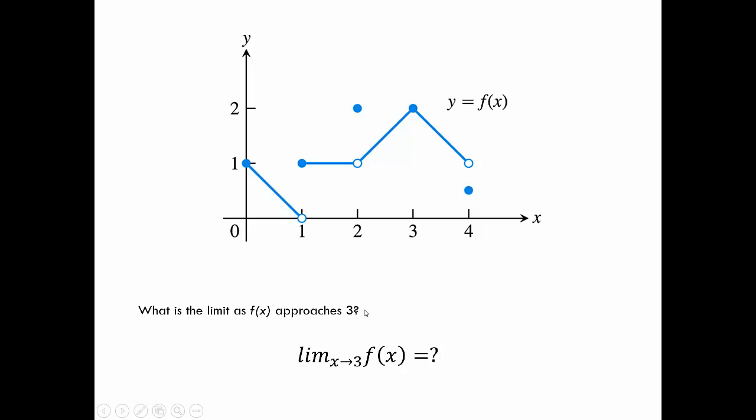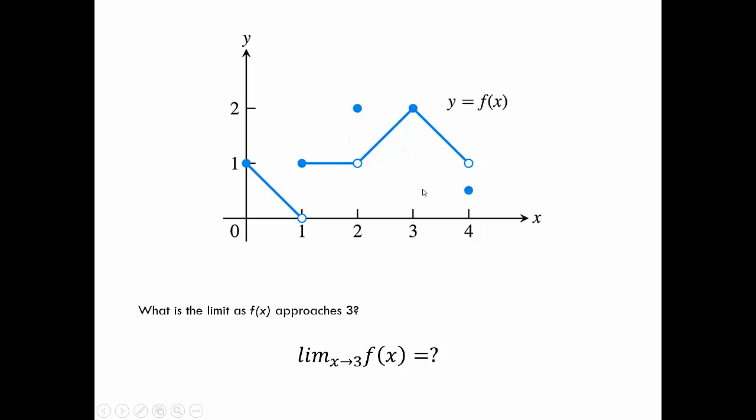So let's look at some limits here, and then we'll look at continuity. What is the limit of f of x as x approaches 3? Get me a little laser pointer here. This is my x-axis. As I'm approaching 3, well, there's my 3. What is this function doing as I'm getting really close to 3?